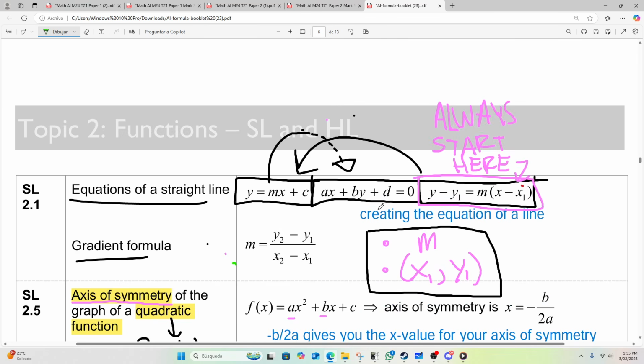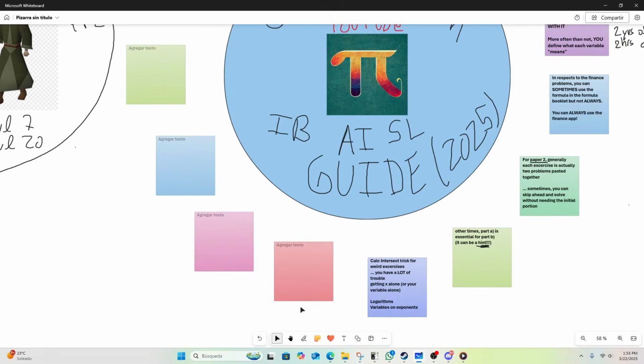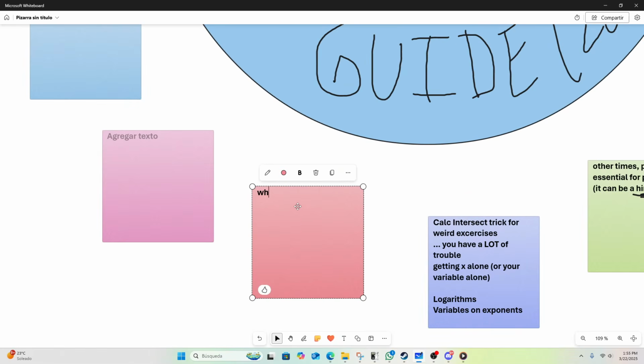So the main thing that you should take away from this is that for creating the equations of a line, you gotta use this guy here. So important that I'm actually gonna write it down here. Whenever you have to create the equation of a line, use the point slope formula, which only requires the slope. So what does it require?